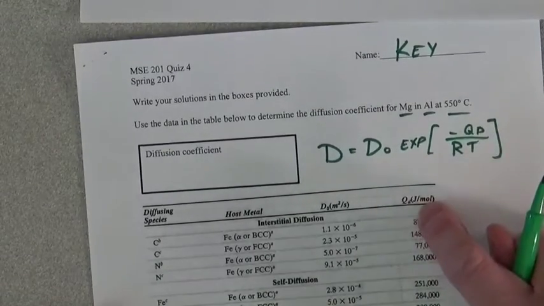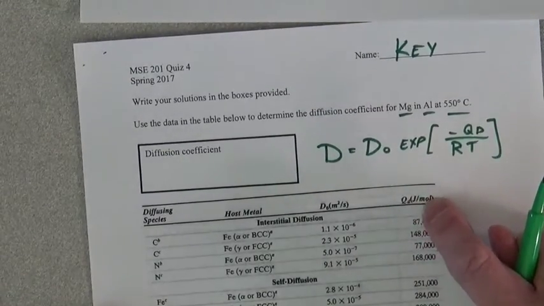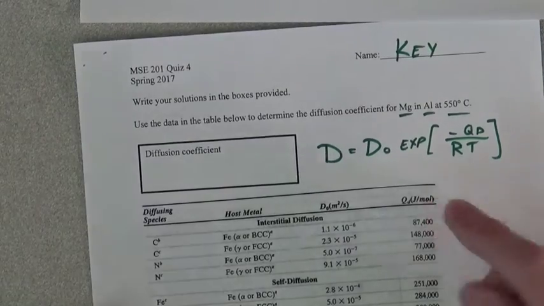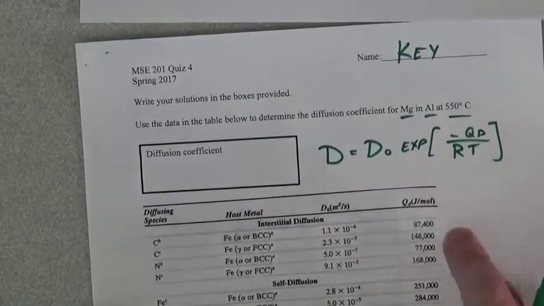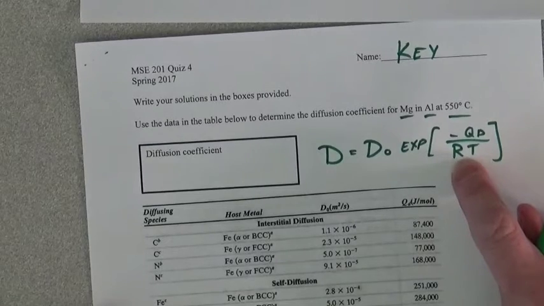If the activation energy were in joule per atom or joule per hop or per event, then instead of R, we would be using k, the Boltzmann constant.